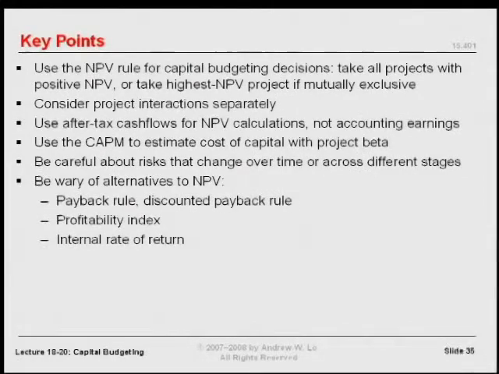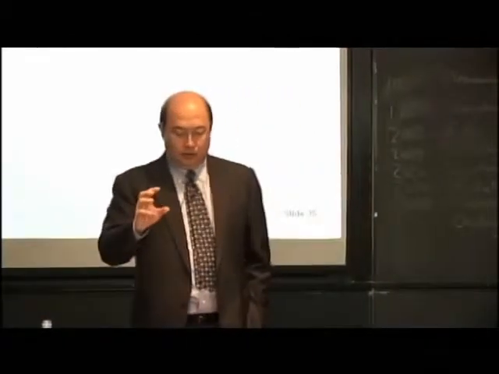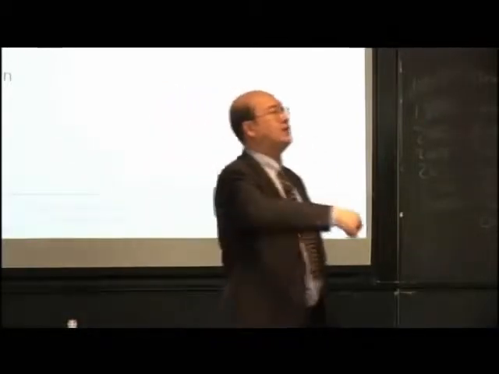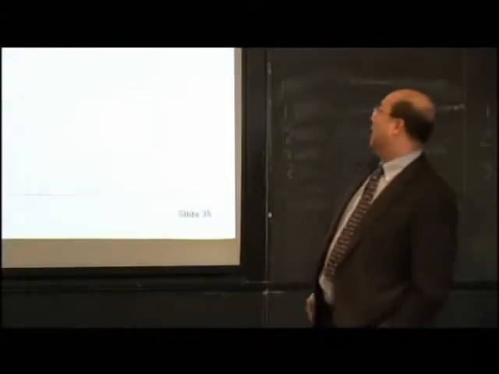Okay, so to summarize, we are now done with pretty much all of the finance theory that we need to value and to make decisions on virtually any kind of investment that's out there. The key points for capital budgeting is use NPV, or in the case of more advanced kinds of concepts, APV, right?